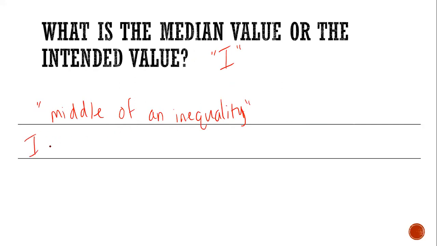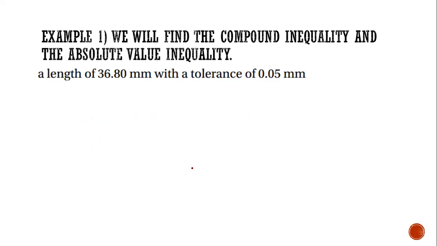So our I equals our max minus our T, or our I equals our min plus our T. That's our intended value.